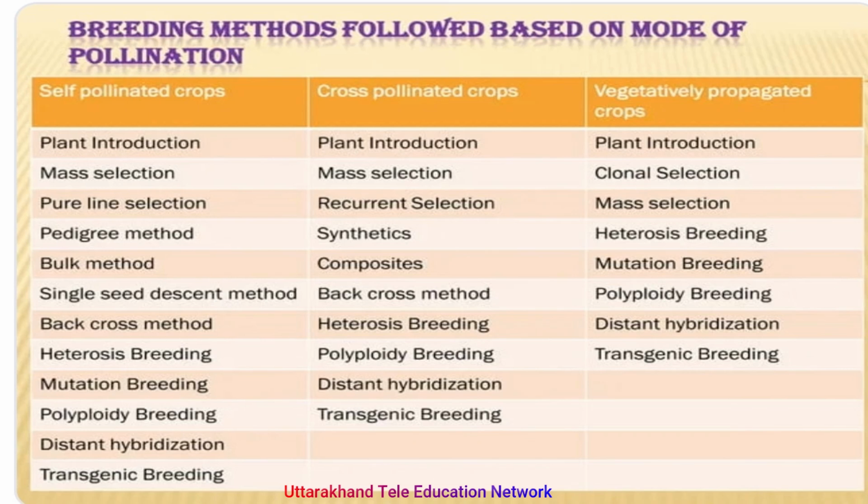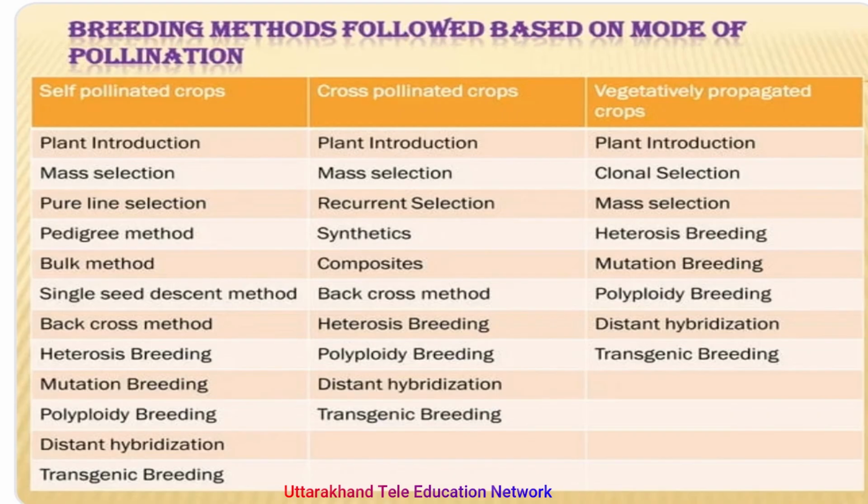And cross pollinated crops show plant introduction, mass selection, recurrent selection, synthetics, composites, backcross method, heterosis breeding, polyploidy breeding, distant hybridization, and transgenic breeding.